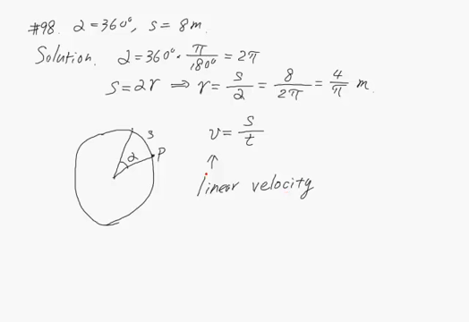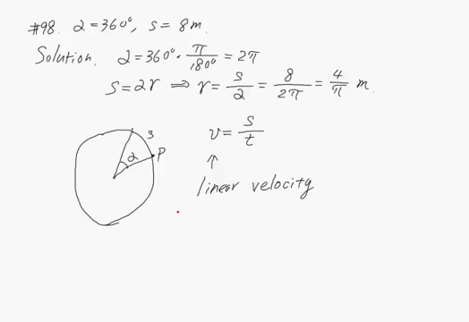And when the P moves along the circle, this terminal side also rotates, right? So we can consider the angular velocity of this point.